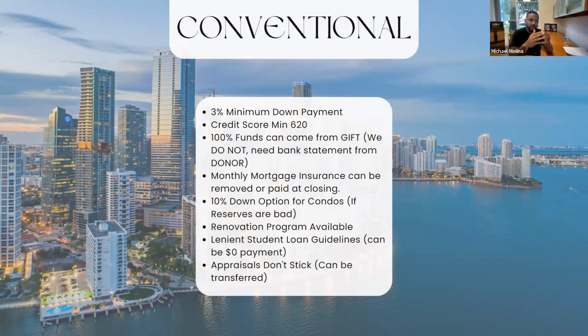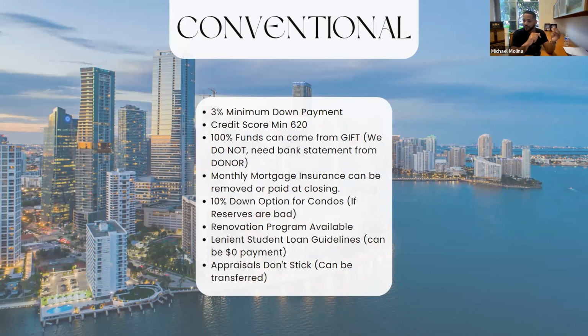Right? The easiest way when we're looking at gifts, whether it's FHA or conventional, is for the person who's donating the gift to hold the money until the day of closing and wire it directly to the title company from the same account that they put on the gift letter. That is how you get around having to show the bank statement on conventional.